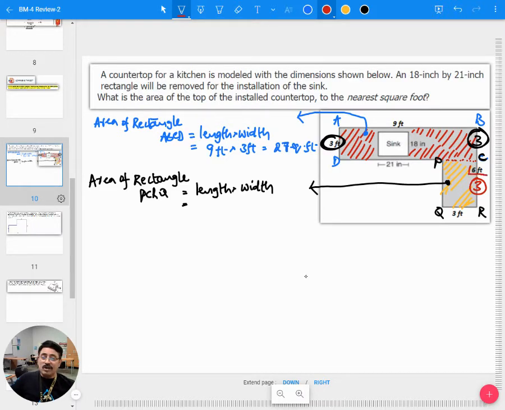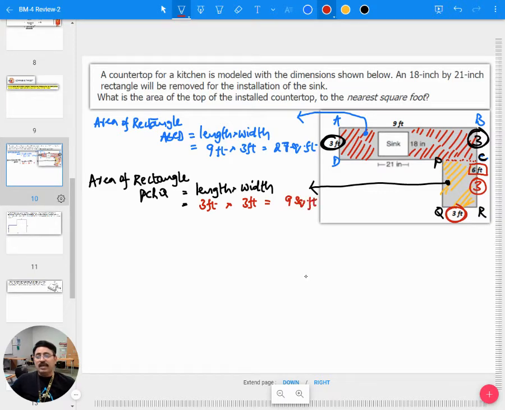Here, the total is 6 feet, so already 3 feet are taken. How do you know that this is 3 feet? You can compare with this. That is 3 feet, and the remaining part is 3, so the total is 6 feet. Therefore, length and width are 3 feet times 3 feet. 3 times 3 is 9 square feet.